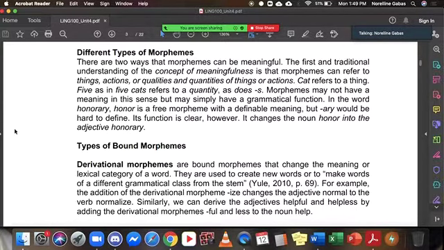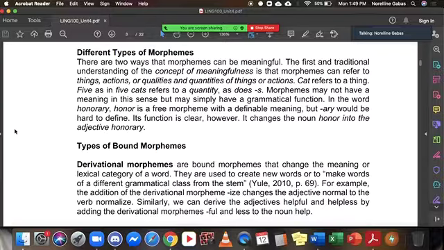As compared sa honor, when you say honor, it's something distinguished, or in noun, something that you have achieved, like first honor. Or something to be proud of, ganun. Diba? And then, its function is clear, however. May ibig sabihin yung function as ary is clear because it changes the honor into an adjective, honorary.